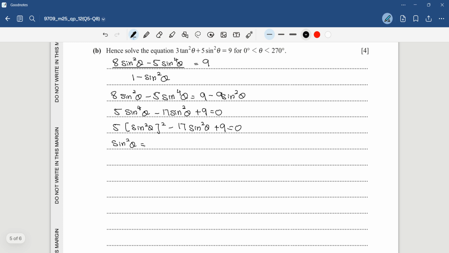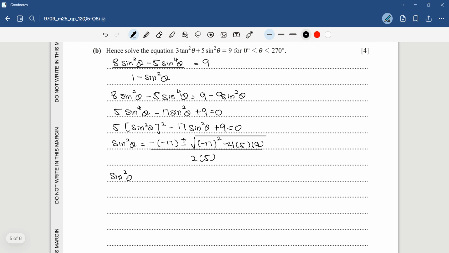Sine square theta is equivalent to negative b plus minus square root of b square minus 4ac over 2a. I just use plus minus, easier for me, but I need to write it twice.